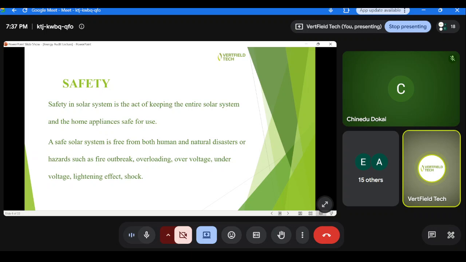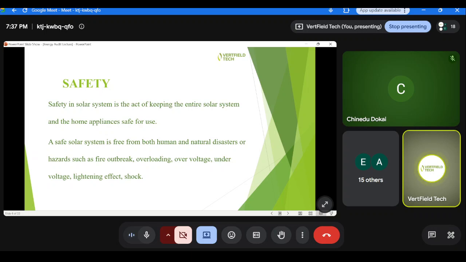Can lightning affect your solar system? Does the solar system get affected when it is raining? Yes. Does rain affect your solar system? Yes. But what in particular affects your solar system? Some persons will say because of the thunderstorm or thunder strike, the inverter goes off and that was it, the inverter packed up.